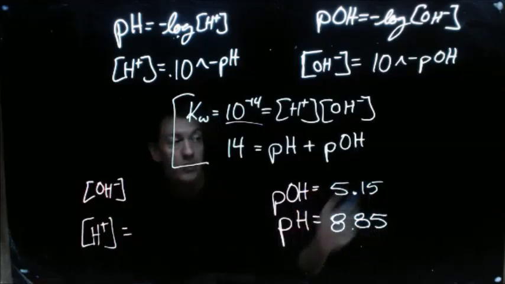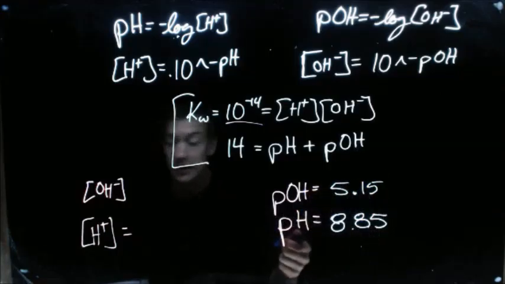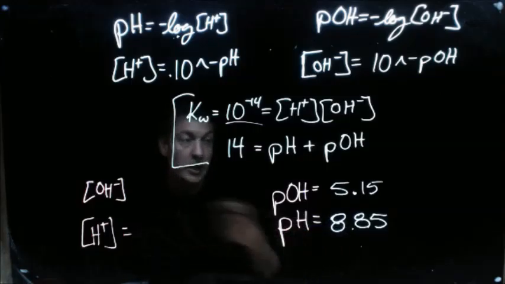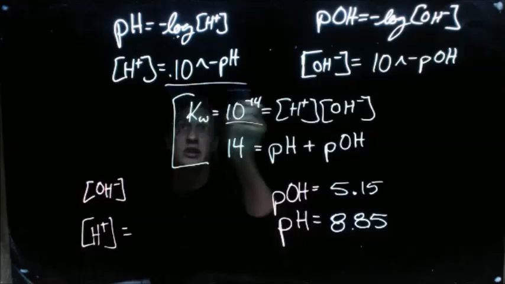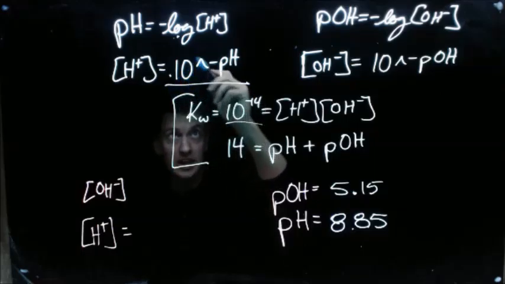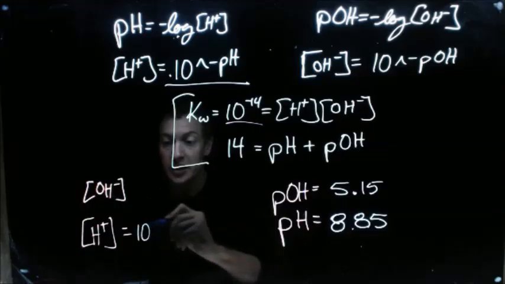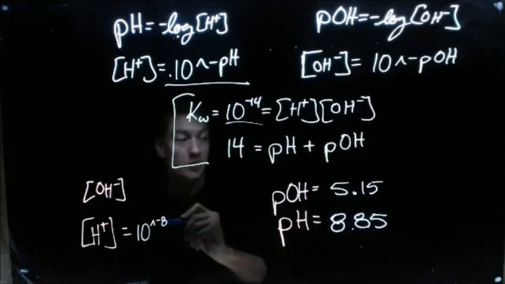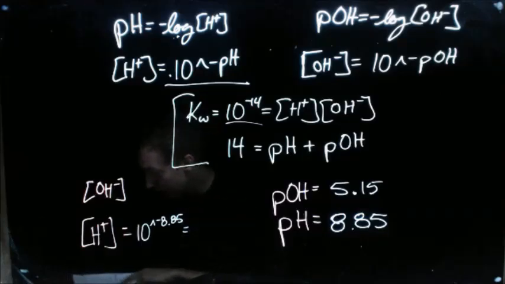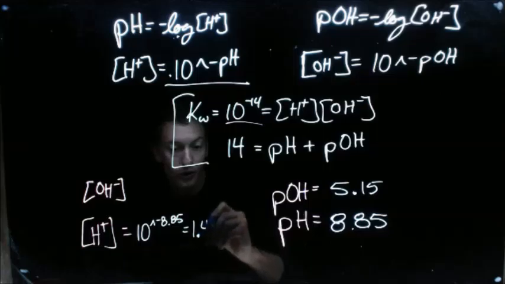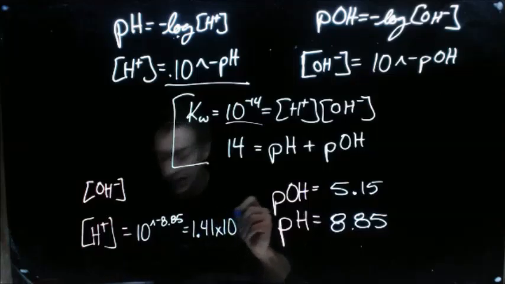And now if I want to use pH to find H plus concentration, I can use this, 10 to the negative pH. So H plus concentration is going to be 10 raised to the negative 8.85, and I can punch that in a calculator, and it should come out to be 1.41 times 10 to the minus 9th.